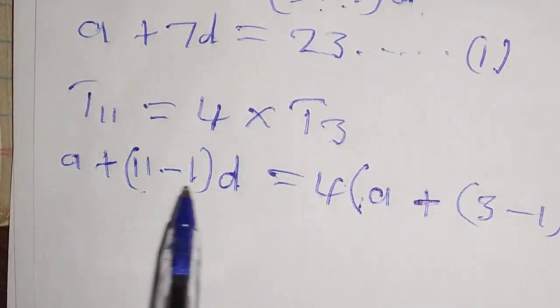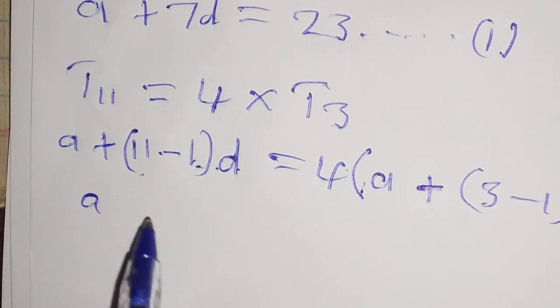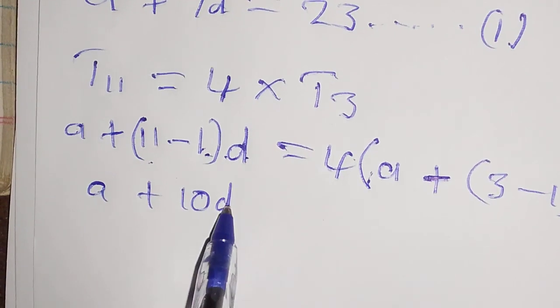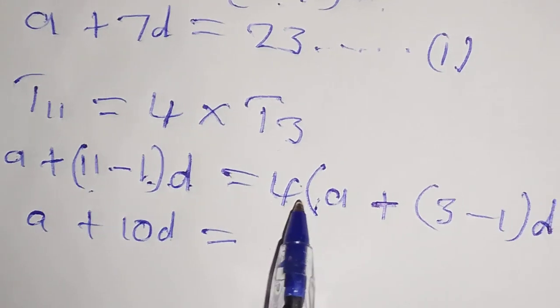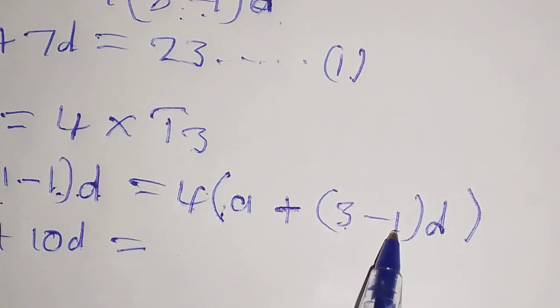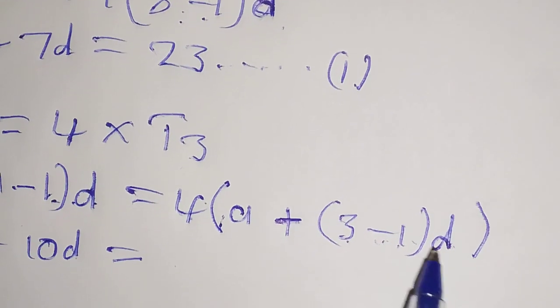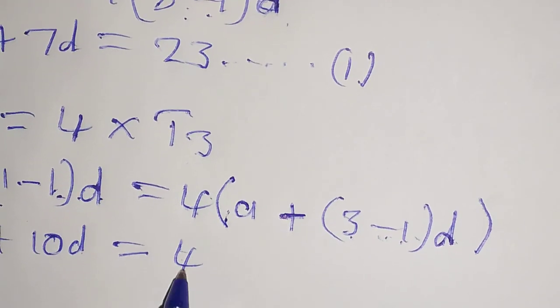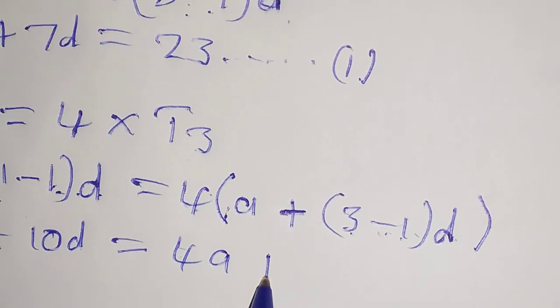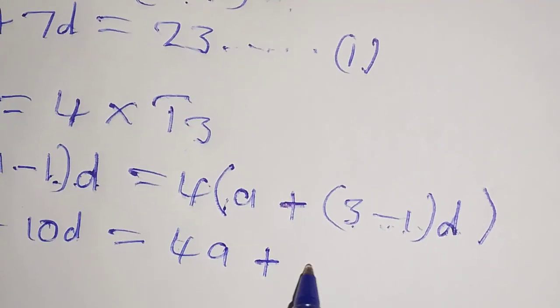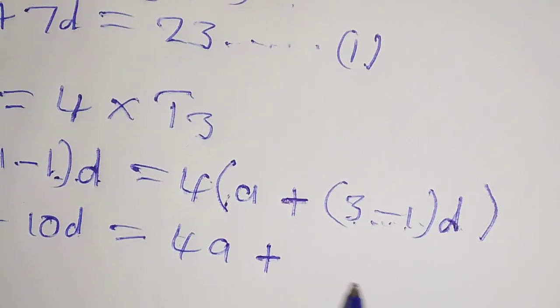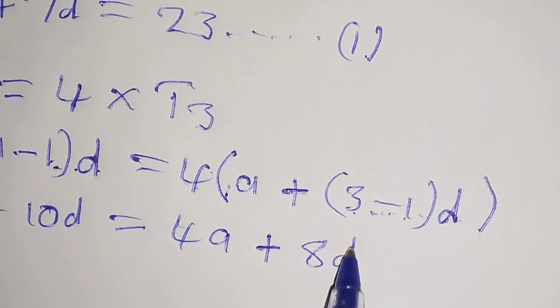So 11 minus 1 gives us 10, so it will be a plus 10d is equal to 4 times (a plus 2d), which is 4a plus 8d.